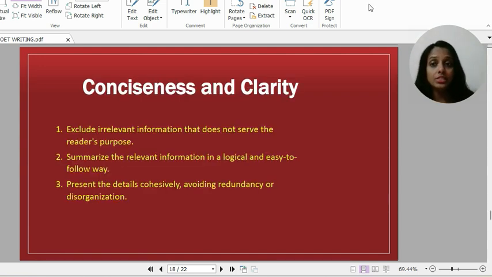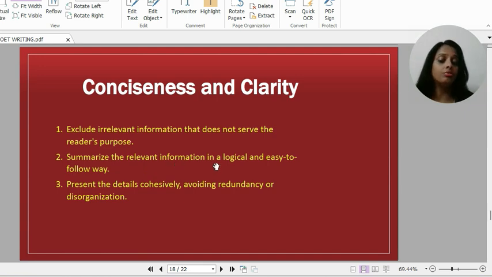Next one in writing is writing with conciseness and clarity. So, what is this conciseness and clarity in writing? It means the ability to convey the information in a direct, precise, and very organized manner, eliminating unnecessary details that may confuse or overwhelm the reader. In the context of the writing subtest, this criterion evaluates how effectively you exclude irrelevant information that does not serve the reader's purpose.